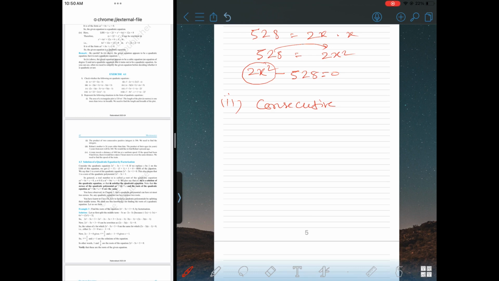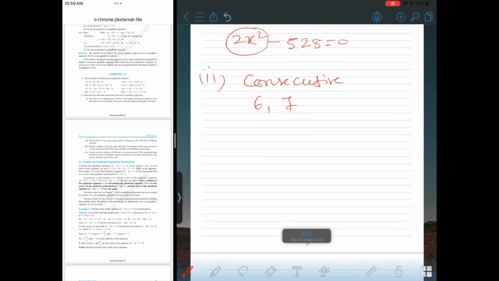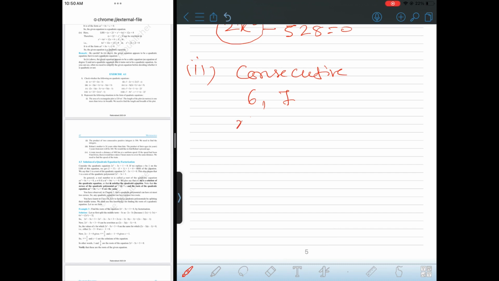Suppose you have number 6 and then number 7. It means that both 6 and 7 are consecutive, right? There is a gap of just one number. So if you think that one number is x, next will be x plus 1, because both numbers are consecutive to each other, and their product is given.